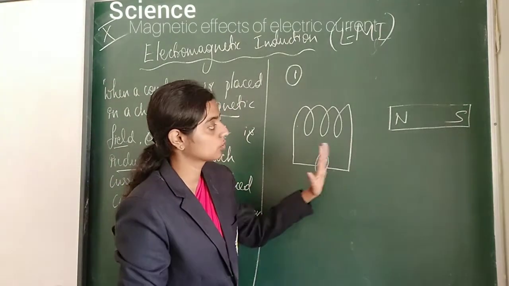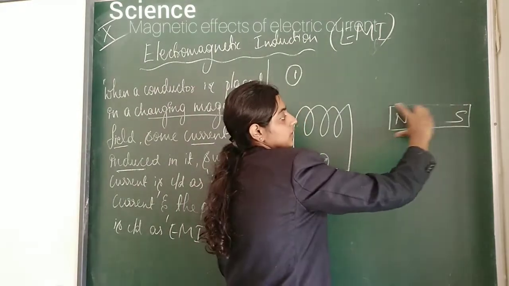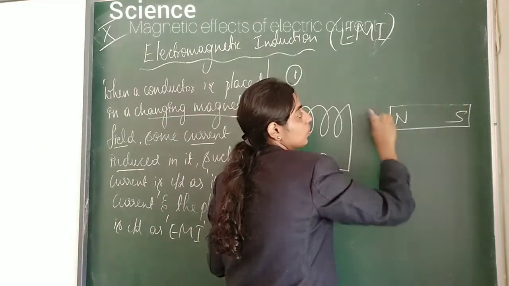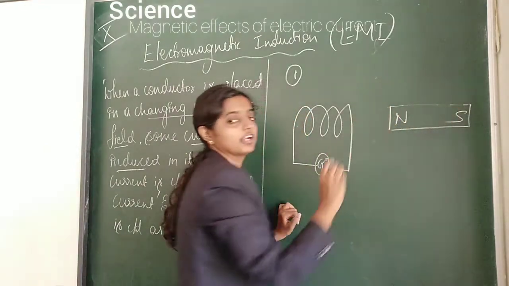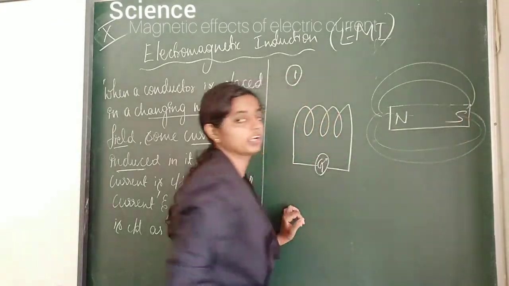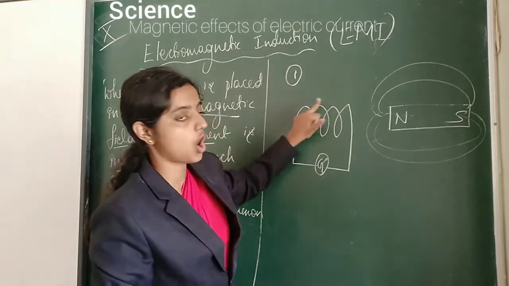Now what was happening here is, whenever this magnet is moving, as we know, the magnetic field lines are produced, right? So magnetic field lines will be produced, and these magnetic field lines link with this coil.